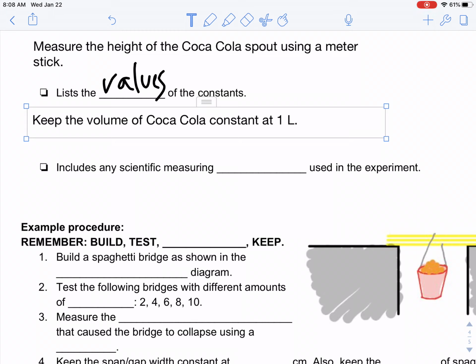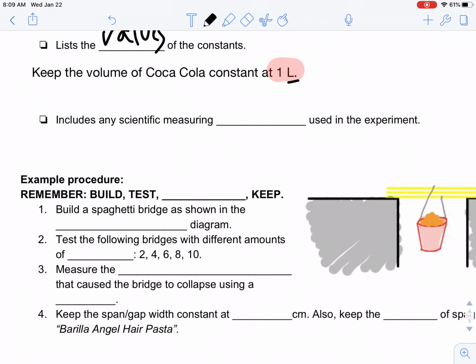Are you not going to shake the Coca-Cola by doing something very specific? But in this case, a perfect procedure, I've mentioned the value, 1 liter, and I didn't forget my units, which is nice too. And a perfect procedure also includes any scientific measuring instrument used in the experiment.